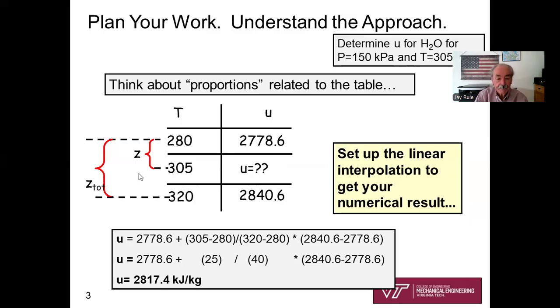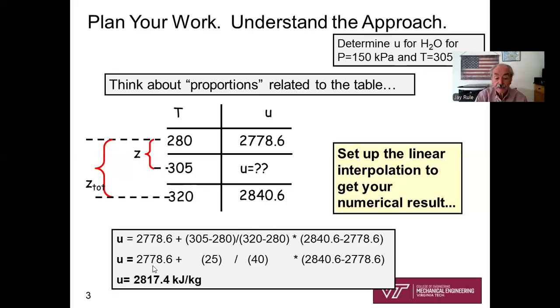And so if you think about proportions, you can sort of derive the formula in your head and numerically evaluate that. Here's the proportion: 305 minus 280 is the numerator. The denominator is 320 minus 280.